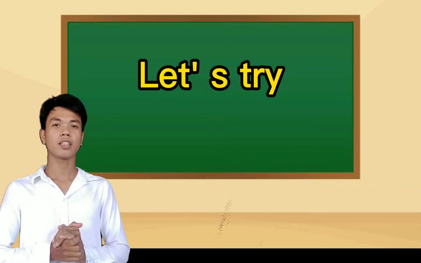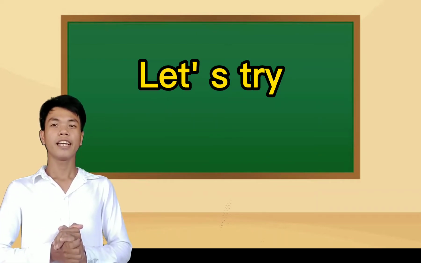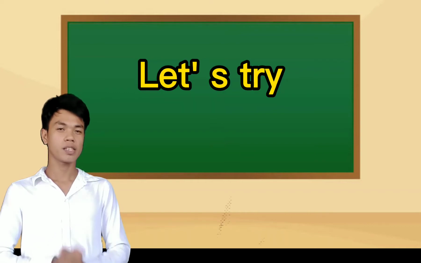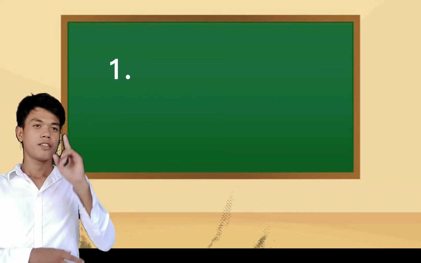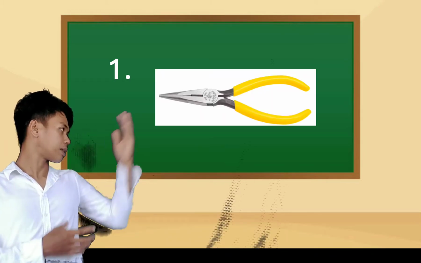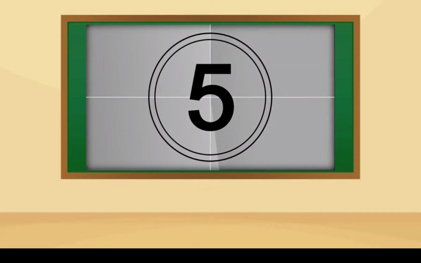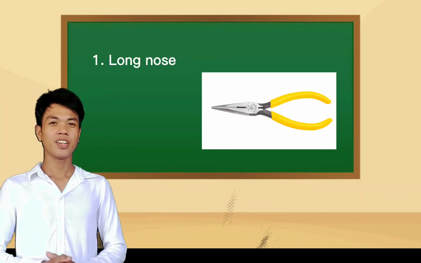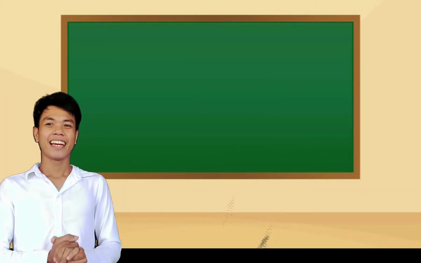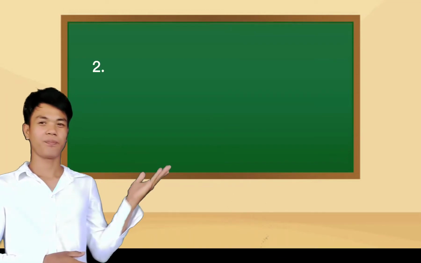Identify the following tools that you will see on the board. Each correct answer is equivalent to 2 points. Okay, class. Number 1. What is this? If your answer is long nose, you are correct. Number 2.